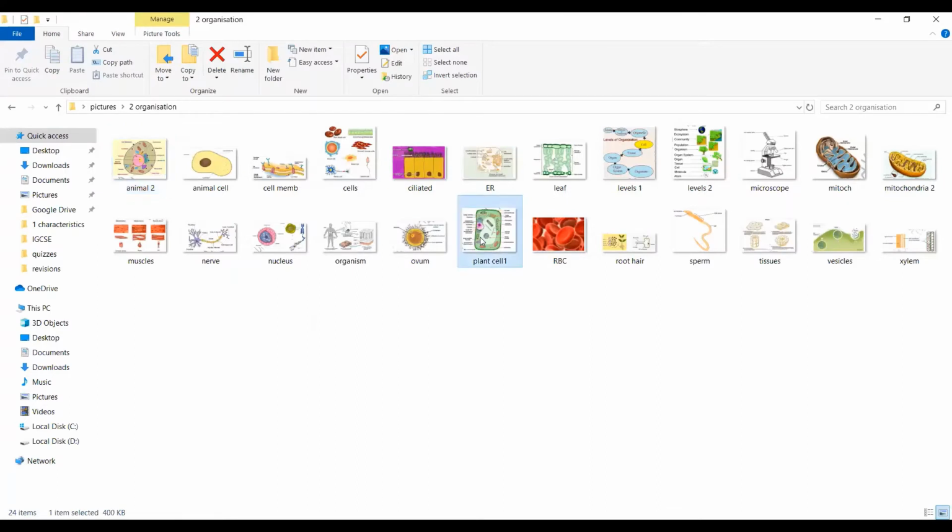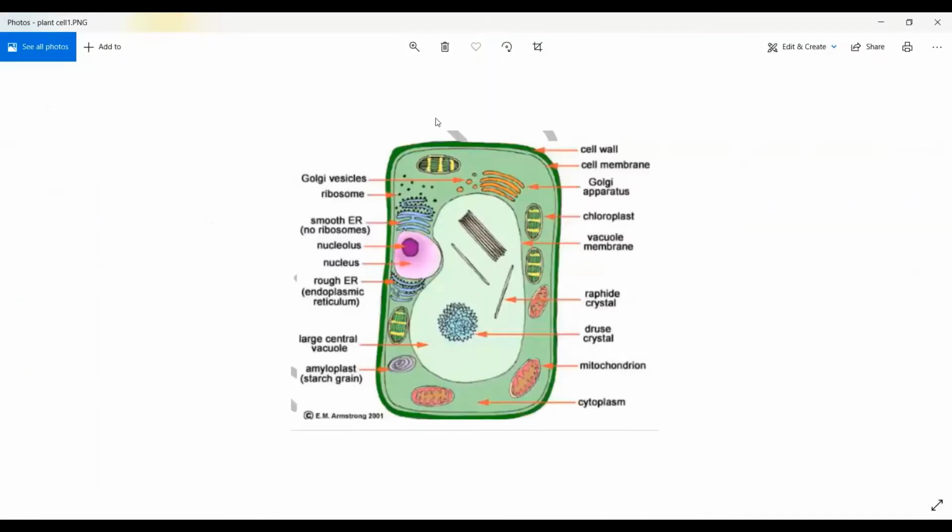This is a plant cell as an example, again hand drawn. Of course, you have to learn how to study by heart the drawings and the labels, because for the exam, they give you a drawing and you have to label it, or you have to point, for example, to the mitochondria, to the nucleus, whatever. This is the cell wall.